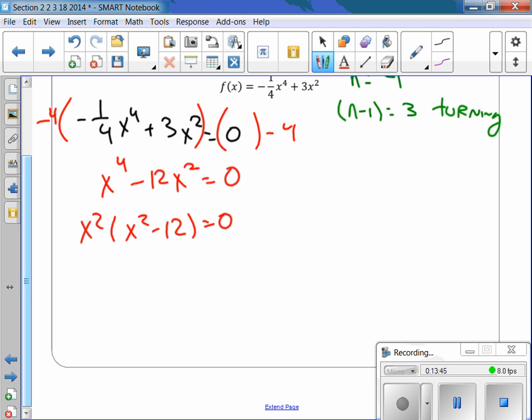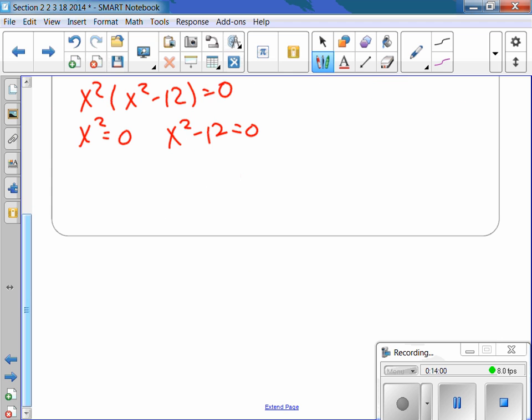So what do you set equal to 0? Absolutely. The x squared equals 0. X squared minus 12 equals 0. So that x squared is what? Just x times x equals 0. But how many times do we write it down? So we're going to write it down twice.